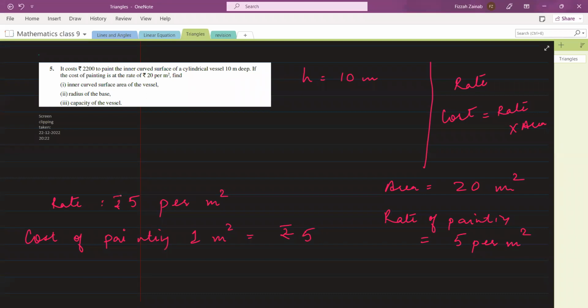And then you have how many meters? If you have 20 meter square, the cost of painting will be, you just multiply this 5 with 20. So that gives you 100 rupees. Remember this, everyone?